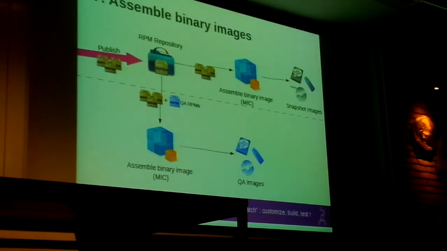So you can, at this step, right now, take the upstream RPMs and add your own RPMs to create some custom images. We do that regularly in France, in Vannes, because we had to test some components in Tizen, and we had to add tools for QA tasks.